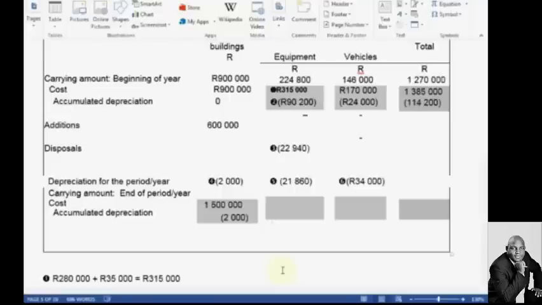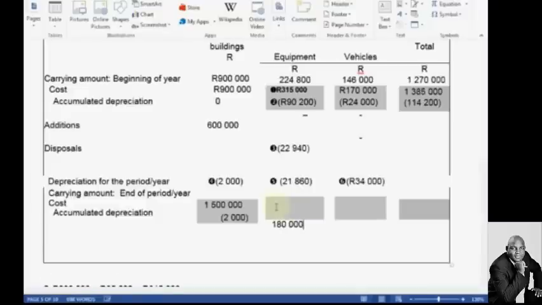Okay, so what I will calculate first is the carrying amount, which is easy to calculate. It will be 224,800, minus 22,940, minus 21,860. I'll get the carrying amount, which is 180,000. That's very easy to calculate.